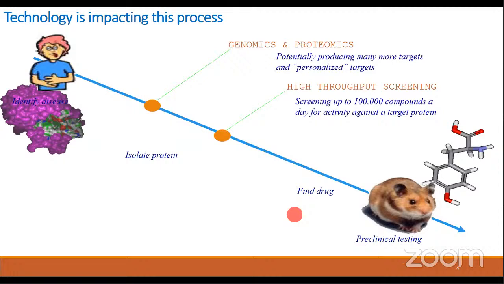Whenever they get a target, they use robotic machines to screen all the compounds against the target. From that, they get maybe a hit or lead compounds. That is where hypothesis screening is involved.